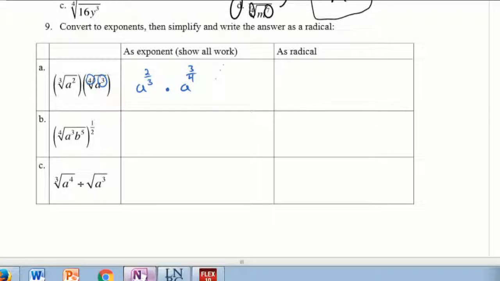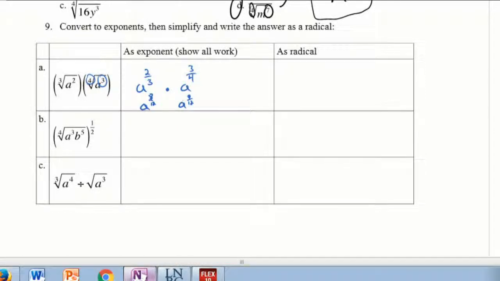I know I need to add my exponents. So I need to have a common denominator. The common denominator between 3 and 4 is going to be 12. So this is a to the 8 over 12 and a to the 9 over 12.